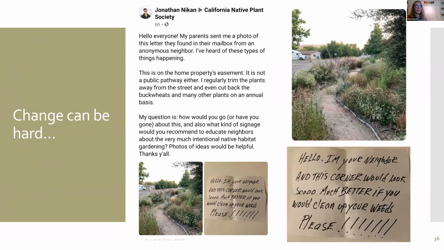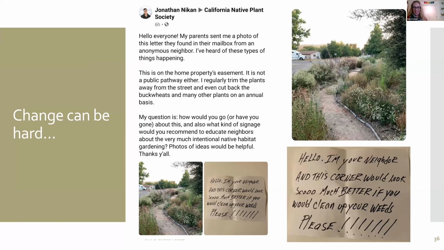So sometimes change can be hard. I'm on the CNPS Facebook page, and I just came across this over summer. In today's world, we still meet a lot of resistance, right, for planting natives from some people. This is just an example of a current thing that I saw in real life.